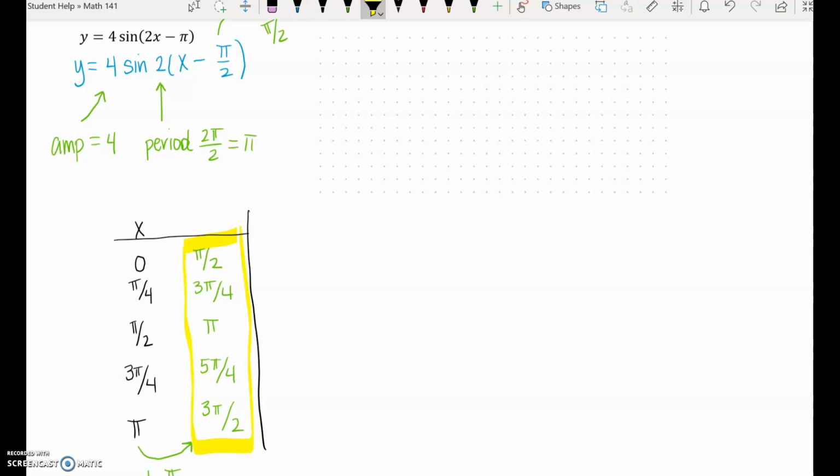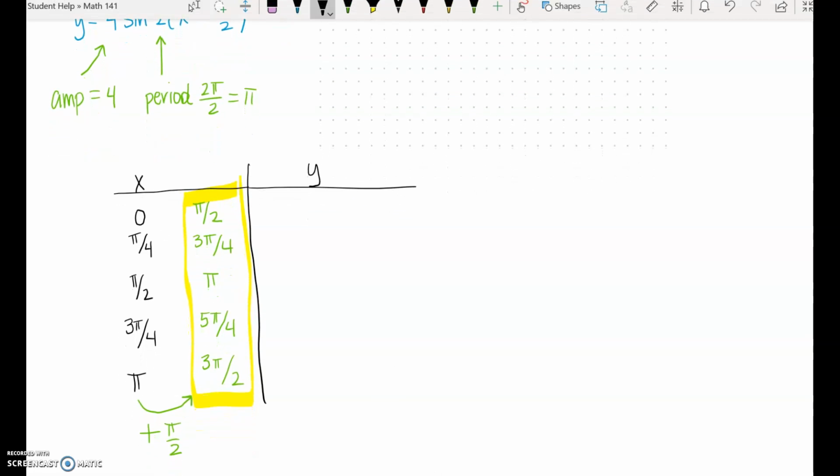And then we'll look at the y values. For the y values, for sine, normally we start at the midline, go up to the max, back to the midline, down to the minimum, and then back to the midline. Those values are usually 0, 1, 0, -1, and then 0.